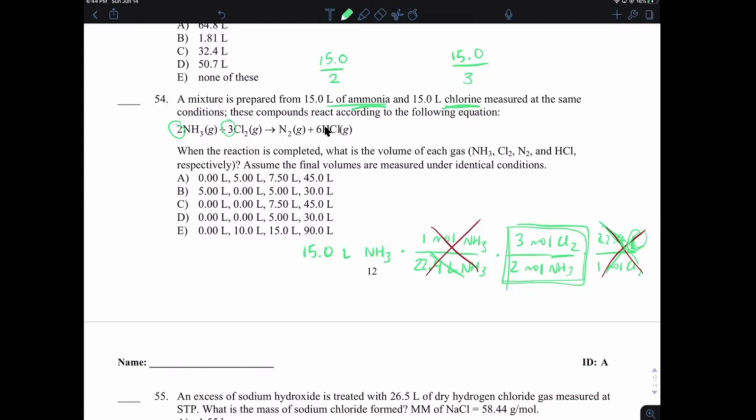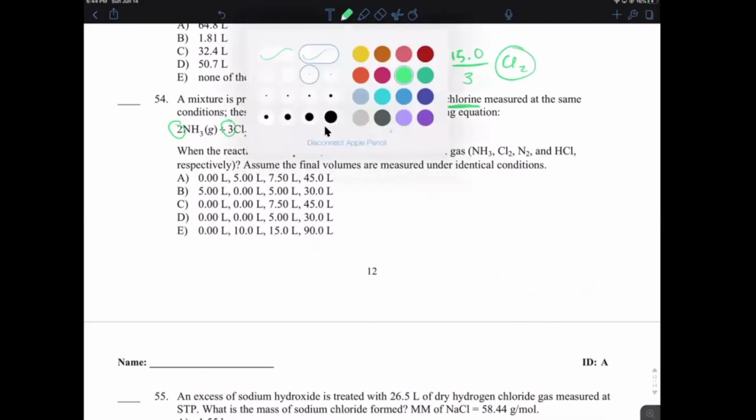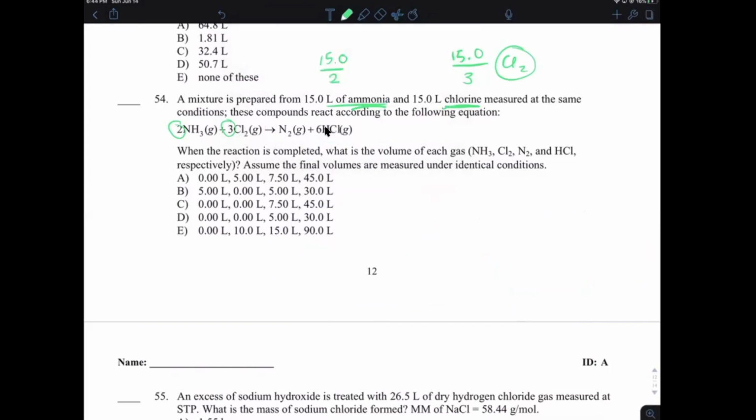Right, it's the chlorine gas, Cl2. So this is going to be our limiting reactant. Knowing that, we can go ahead and use our chlorine to see how much of everything we have left.